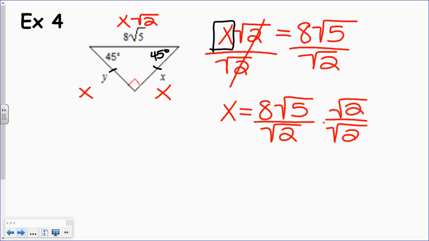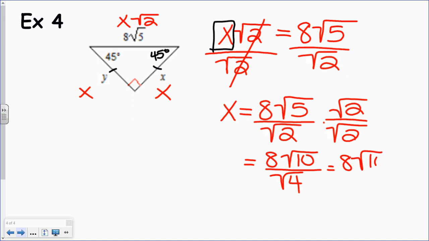So now we know that this should be equal to 8 root 10 divided by root 4. Then we can multiply under the radical signs. And then we simplify. I can't simplify root 10 anymore, so that stays 8 root 10. And then root 4 is really 2.